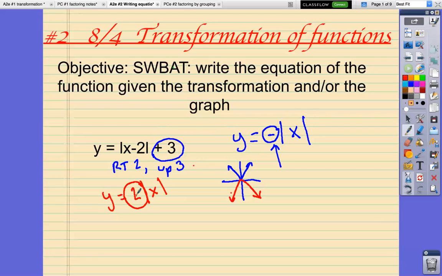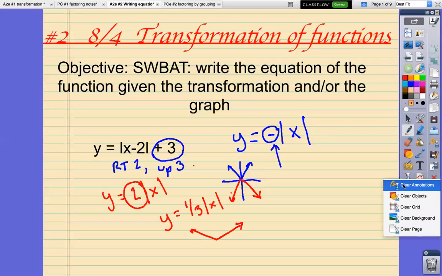In this case, by making it bigger, it's going to go up a lot quicker. If that were a fraction less than 1, like 1/3, now all of a sudden it's going to be a lot wider and it's going to look more like that. Okay, and that's it. So that's the heart of what we did yesterday.